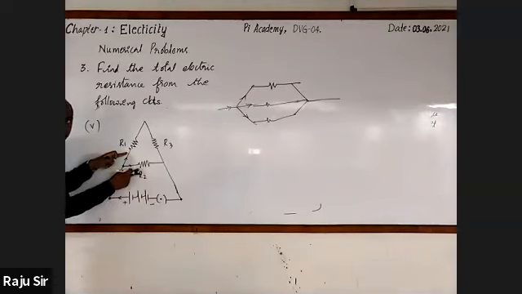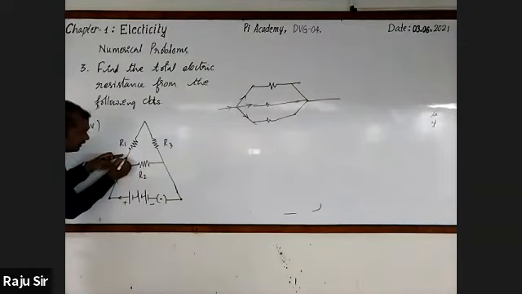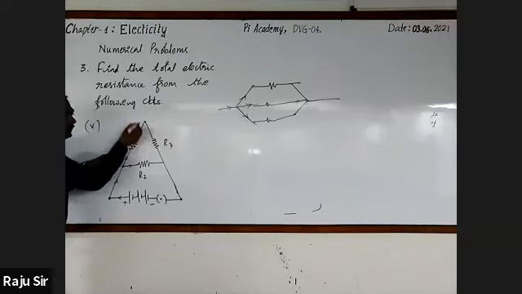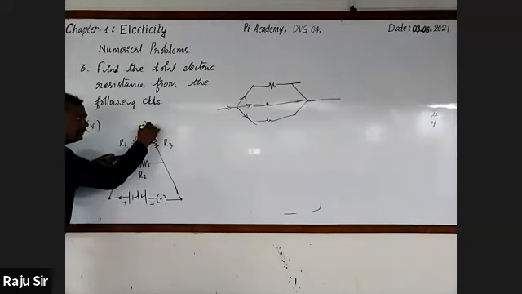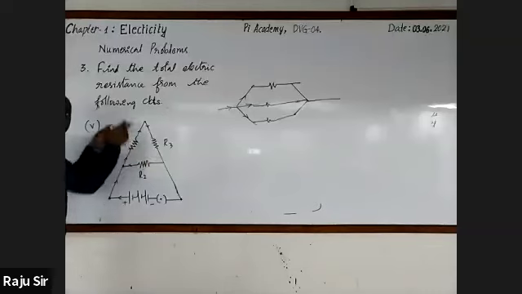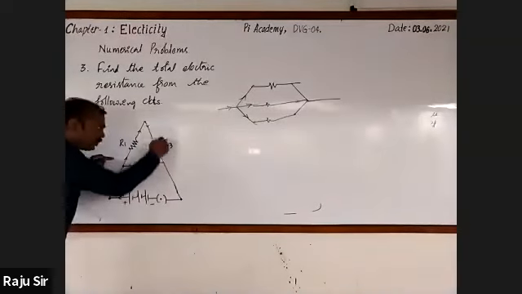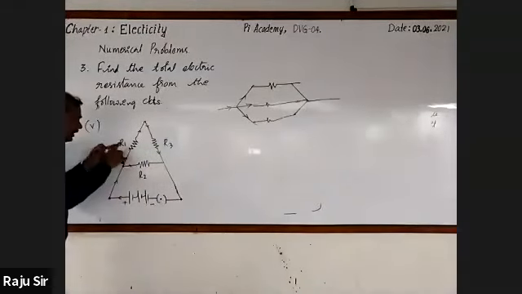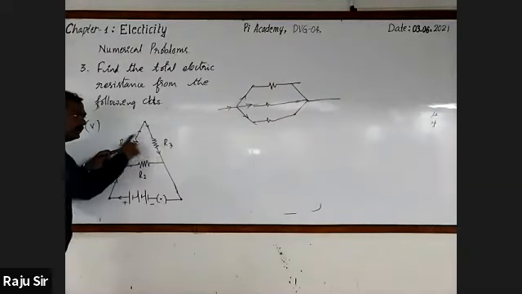These two are parallel. Now, observe where the current is passing. First, it passes through R1. Then here it is not distributed instantly. It is just passing directly through R3. Then can we say that R1 and R3 are in series? Yes, sir.